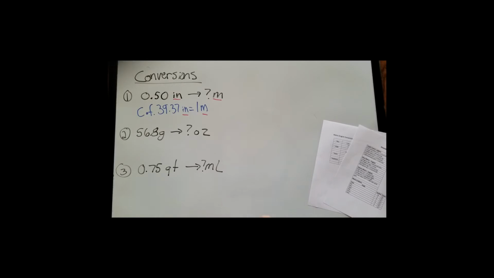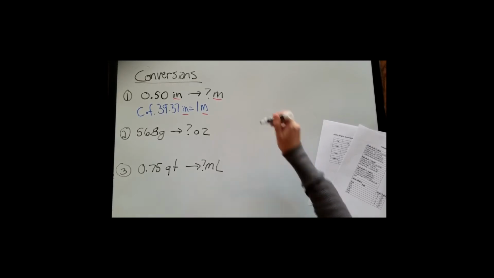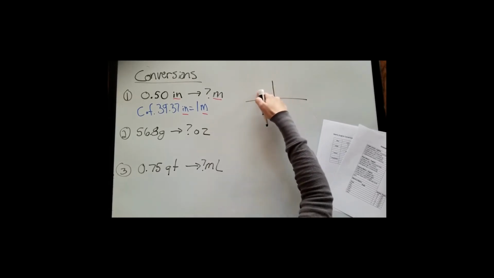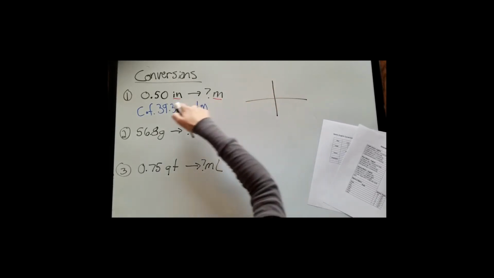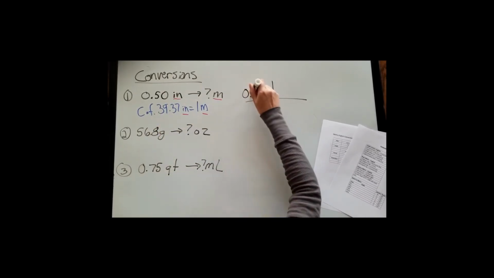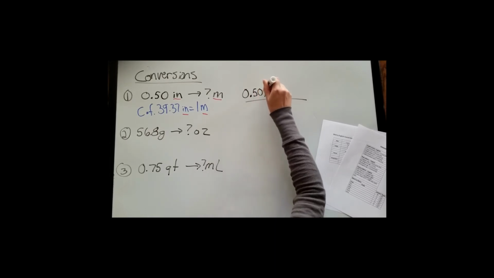Once I have a conversion factor going between the two units, I can start my dimensional analysis, or what I call railroad tracks. I start with a little plus sign, and what's always going to go in the upper left-hand corner is the number that I'm starting with, that the problem gave me. It started with 0.50 inches.